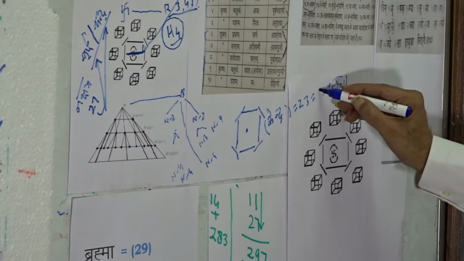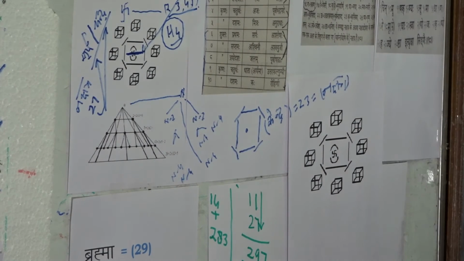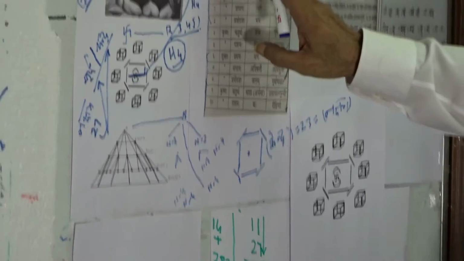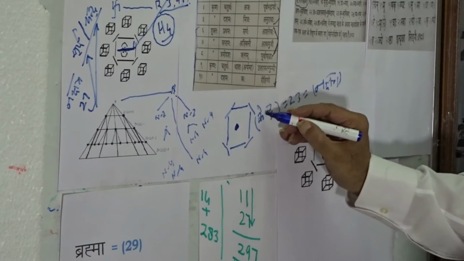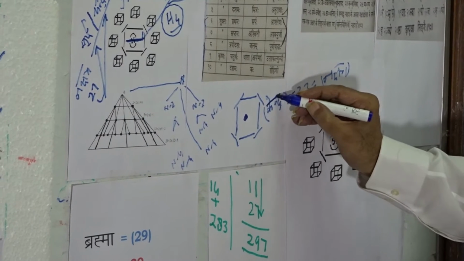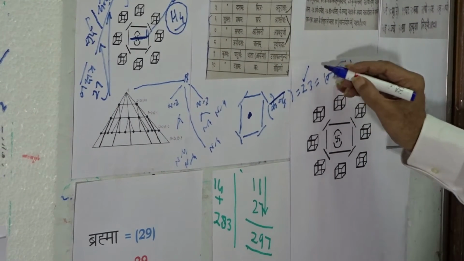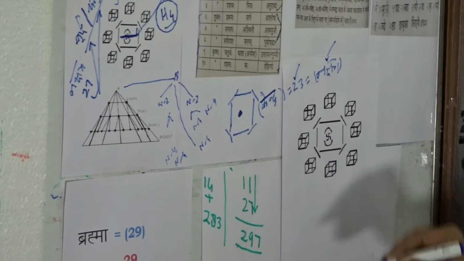As such, the explosion Visfort is at the center of the creator's space, and it is at the Kendra, which is of value 23, and it gives a nakshatra.